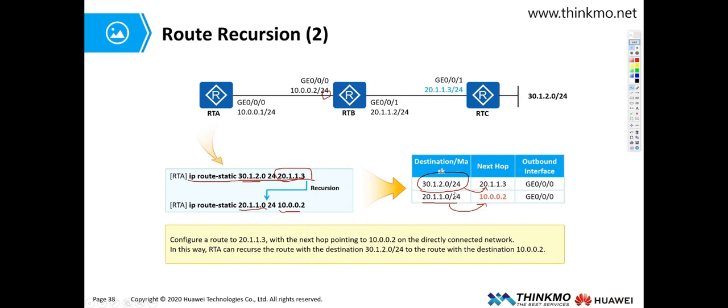I see that I need to find 10.0.0.2. So, in this process, my RTA realizes that the route I'm always looking for is 10.0.0.2. So no matter what, if I want to find 20.1.1.0 or 30.1.2.0, I will find them all through it.